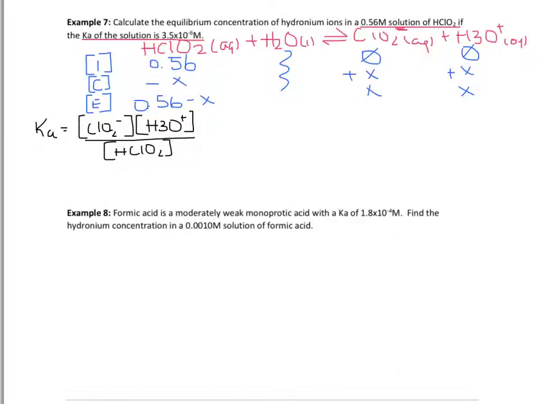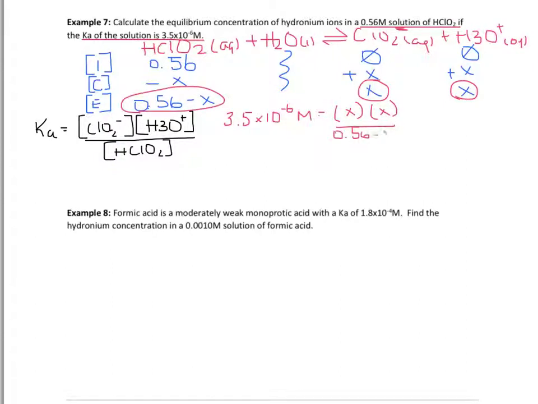We know that the Ka is 3.5 times 10 to the negative 6 molar. We know no other information, so for the equilibrium concentration of ClO2, we put in X. For H3O positive, we put in X. And for HClO2, we put in 0.56 minus X.